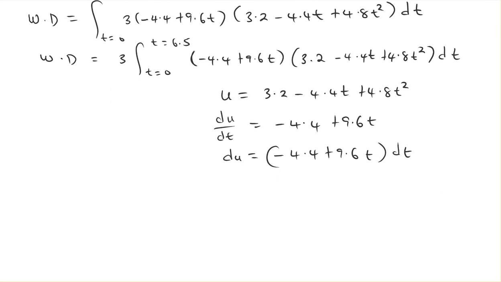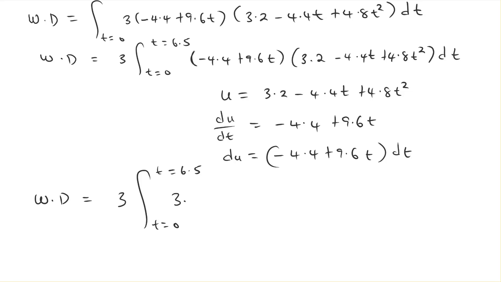If you look back at the work done integral, we have 3 here, integral from t equal to 0 to t equal to 6.5. I can write this second expression first.